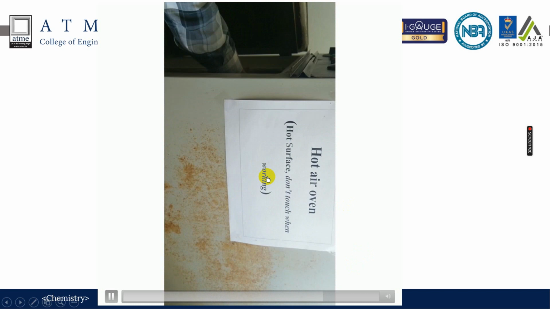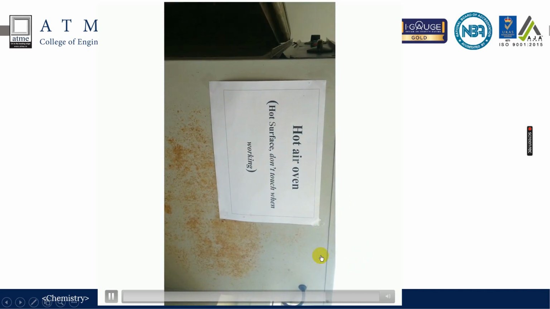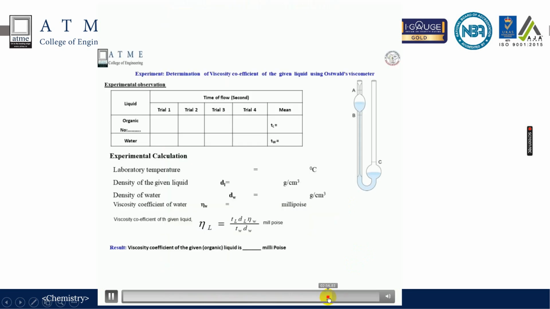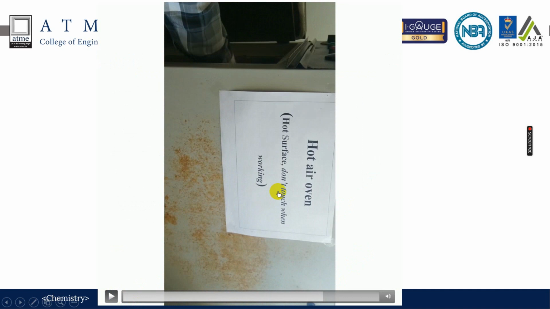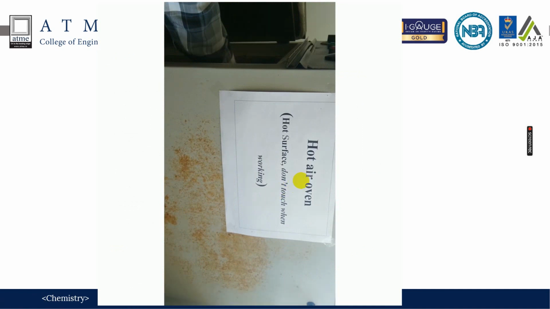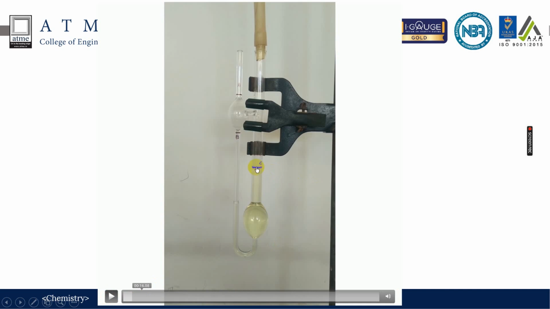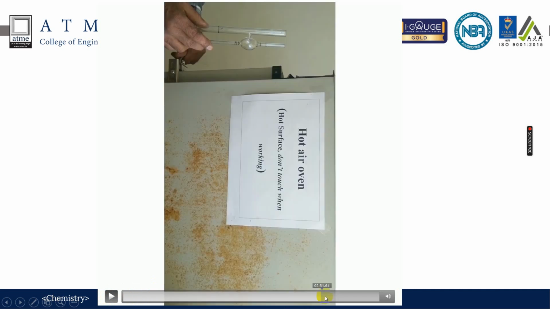Dry the viscometer, and for the same procedure, you carry out with water, known volume of water. You take water up to point C, suck the water up to point A and allow it to flow from A to B. Note down the time taken for water to flow from A to B at that particular temperature.